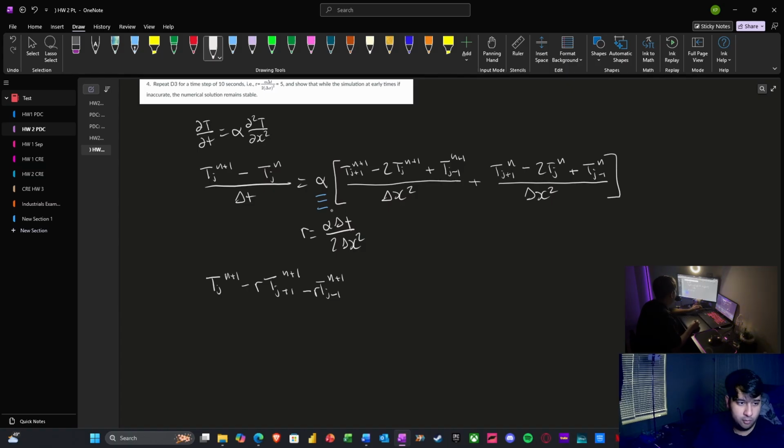Basically we're just multiplying the R's over, and since there's a delta x squared, we just get rid of that, and we're just massaging the equation. So taking all these n plus 1s, moving them over, and then taking the n's and moving them out.